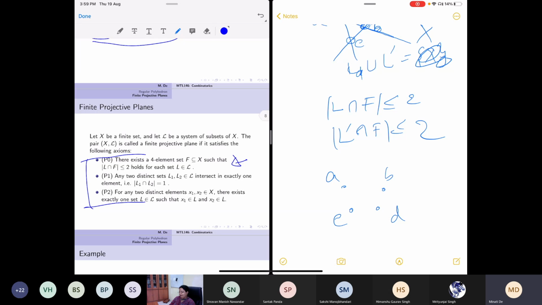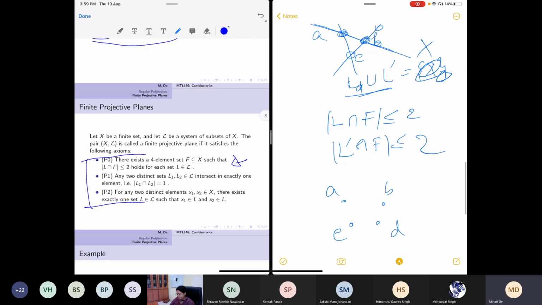Please hold on. As I mentioned, if F is not contained in L union L dash, then there exists one point which is outside these lines, and then we have nothing to do.